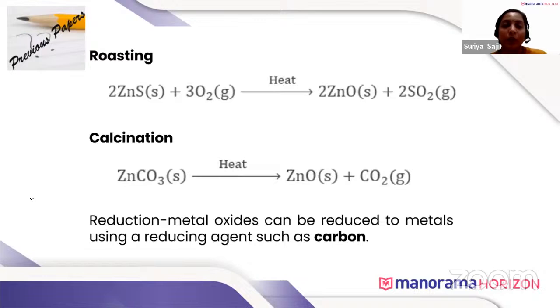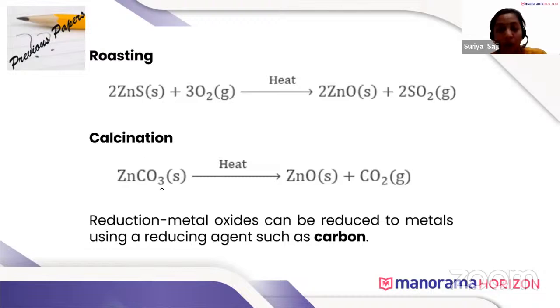In the case of zinc sulfide, we heat it in the presence of oxygen and get zinc oxide. Zinc oxide then undergoes reduction and we get pure zinc. The same goes for calcination: we heat in the absence of oxygen and get zinc oxide.